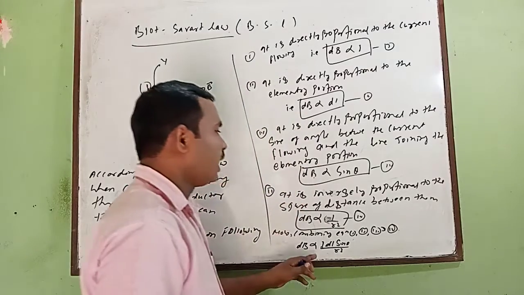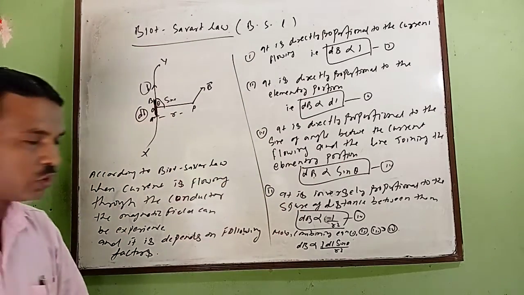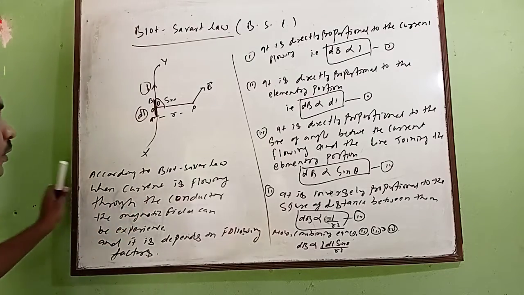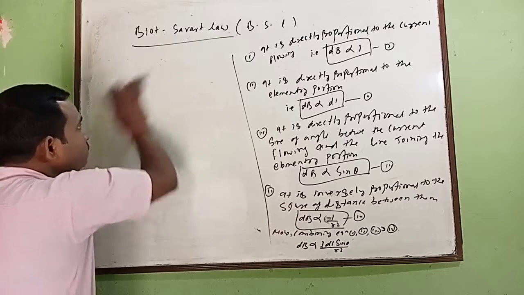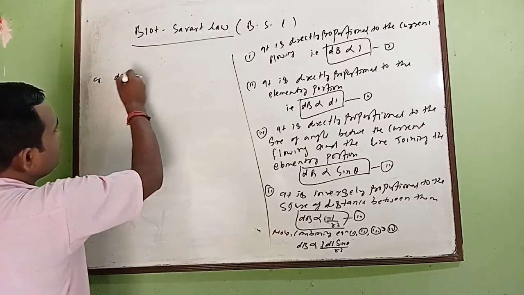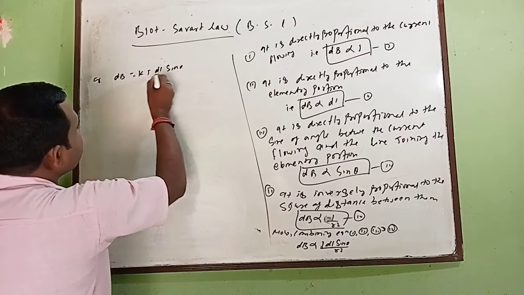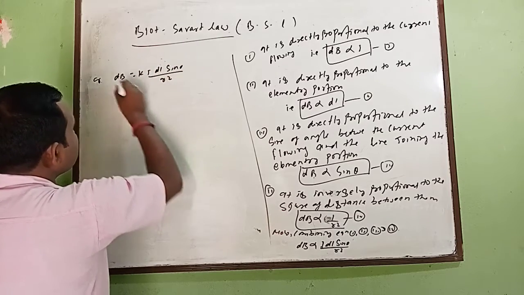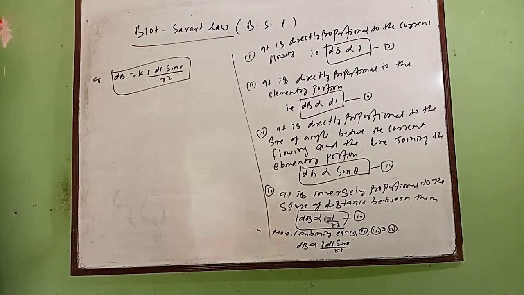And as you know, whenever you remove the proportionality sign, you can write dB equal to K I dl sine theta by r square. This is the formula that you can use to solve the numericals.